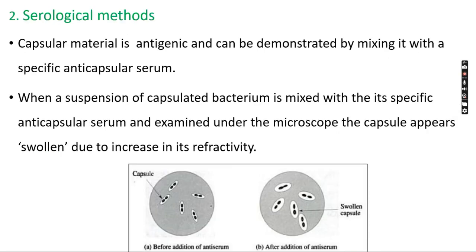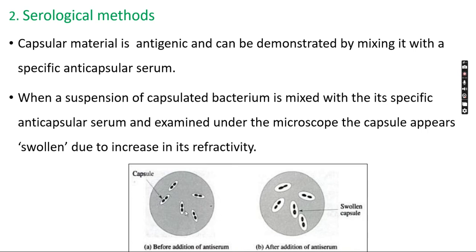Then we have one more method, the serological method. Capsular material is mixed with antisera. Anticapsular serum is mixed and we observe for the swollen capsule. It is swollen because of an increase in refractivity. In this diagram you can see the difference.